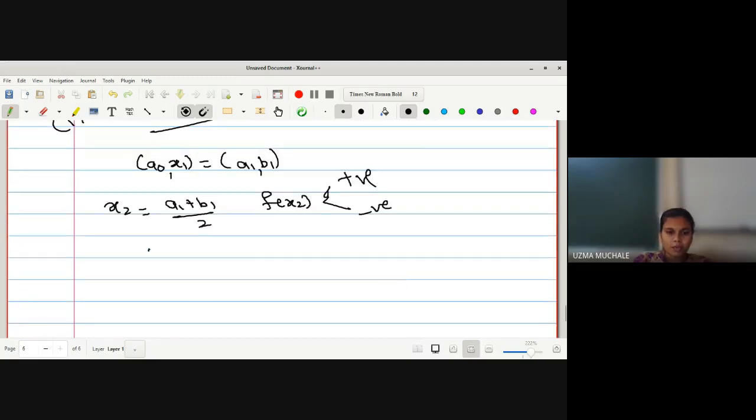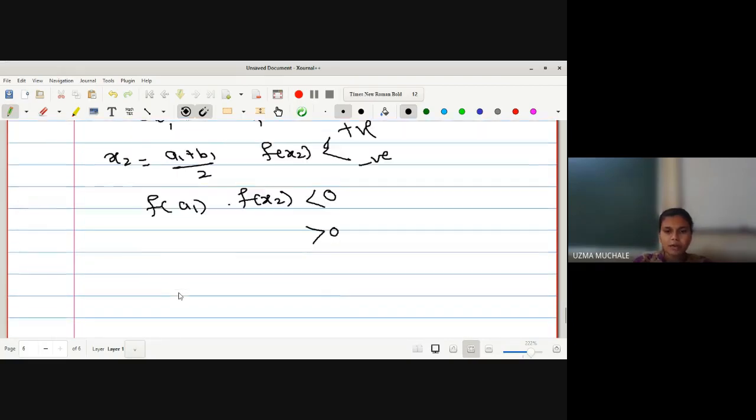Again, you have to check the next condition: f of a1 into f of x2. It may be less than 0 or greater than 0. If it is less than 0, the root lies in the interval a1 to x2. If it is greater than 0, then the root lies in the interval x2 to b1. Getting me?